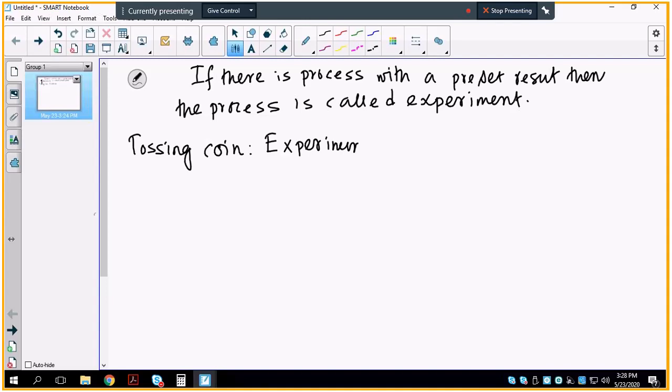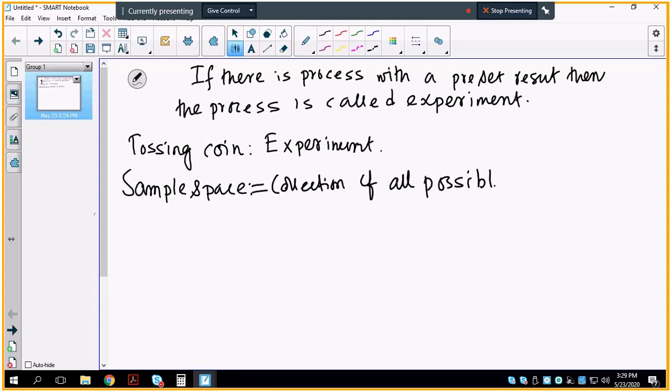As soon as you have done the experiment, the next thing is the sample space. So what is a sample space? A sample space is the collection of all possible results. So what are the possible results?